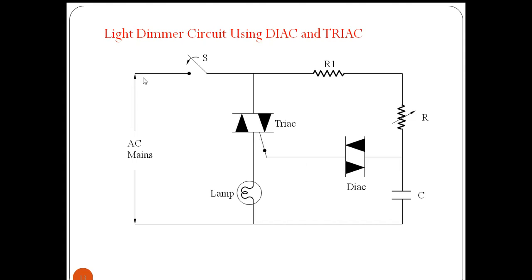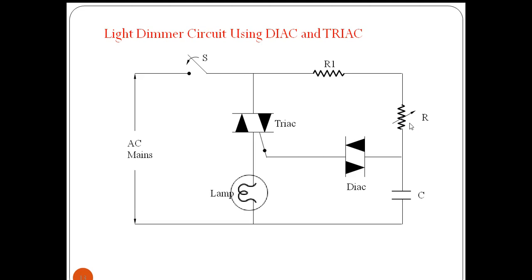When the triac conducts, the current flows from the supply AC mains through the triac and the lamp to the negative terminal, and the lamp will glow. This is how the light dimmer circuit operates. The instant of conduction is according to the RC circuit.